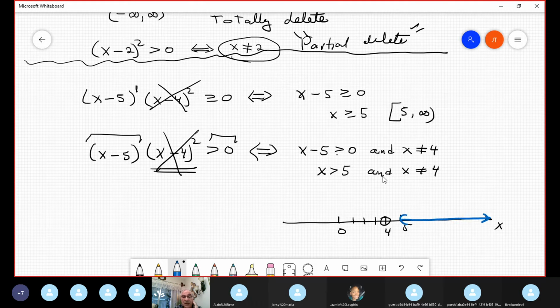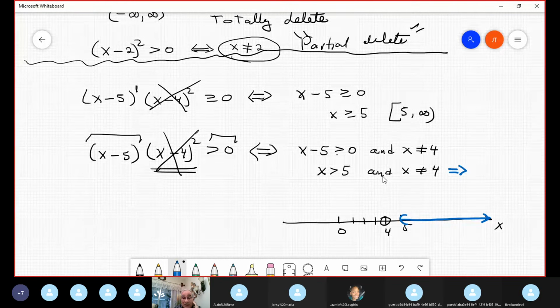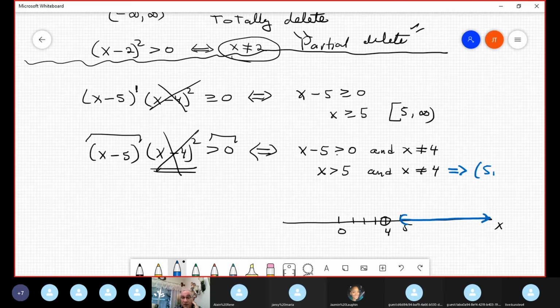And the whole is completely outside the interval. So this is equivalent, in this case a coincidence. It depends if the whole is inside or not. But in this case, it is outside, so the whole is not important. So the answer to that problem is parenthesis 5, because 4 is totally outside the interval.